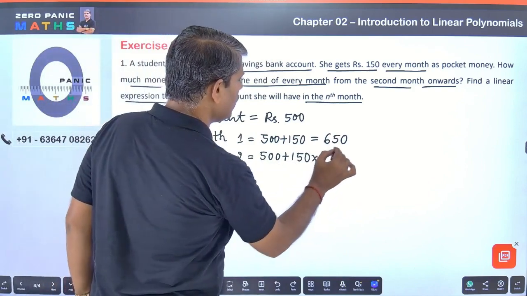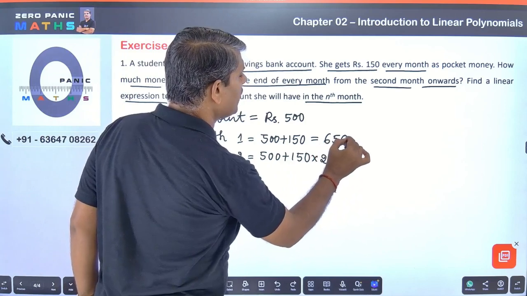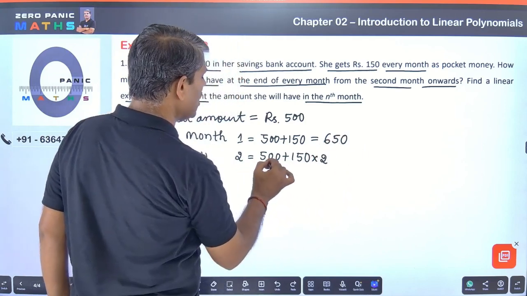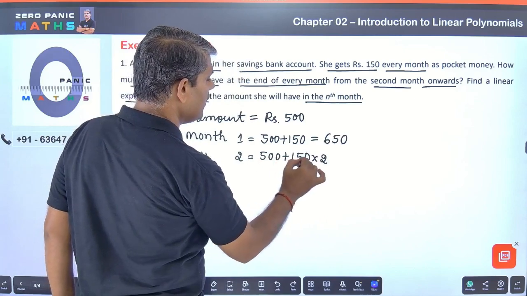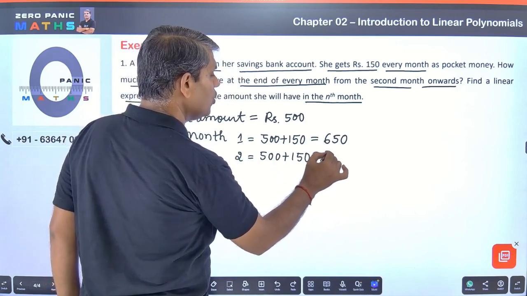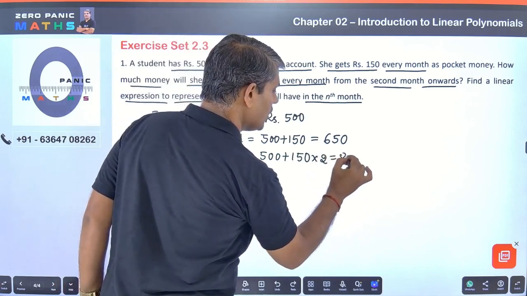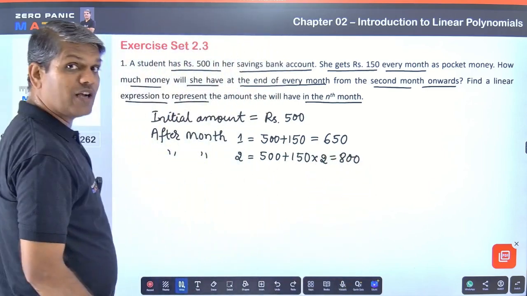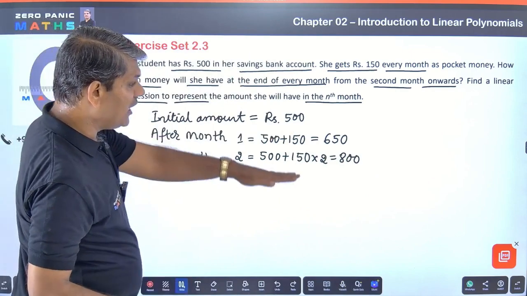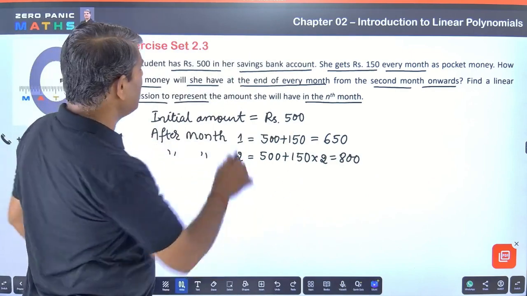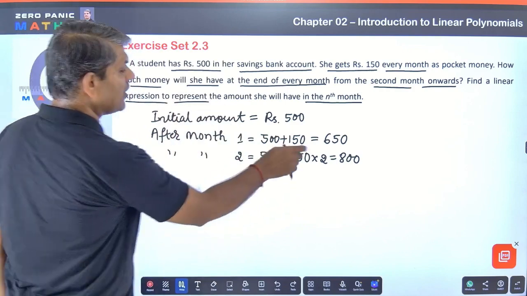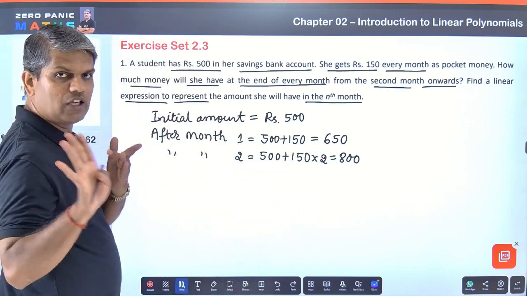If you add 150 to 650 you get 800. Here also you get 800: 500 plus 150 into 2 is actually 800 only, correct? Because I want to identify the linear pattern expression, I am writing it in this format. You're getting this, right?